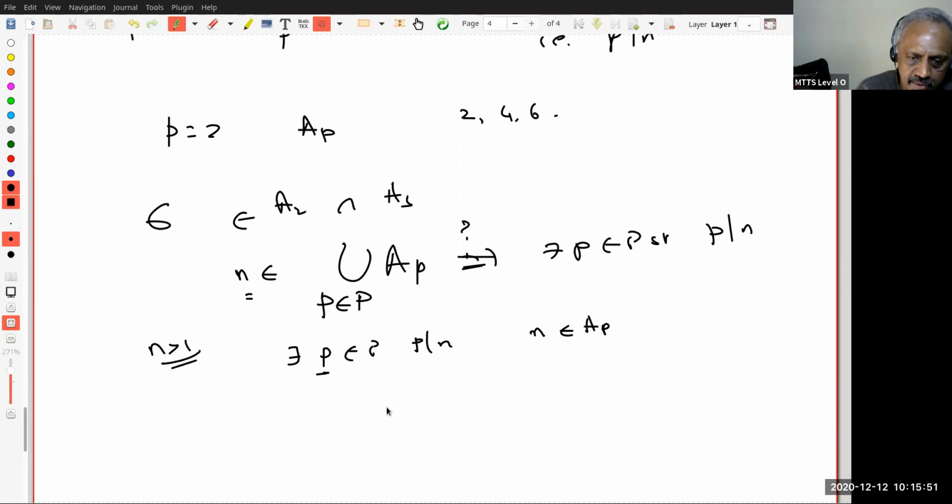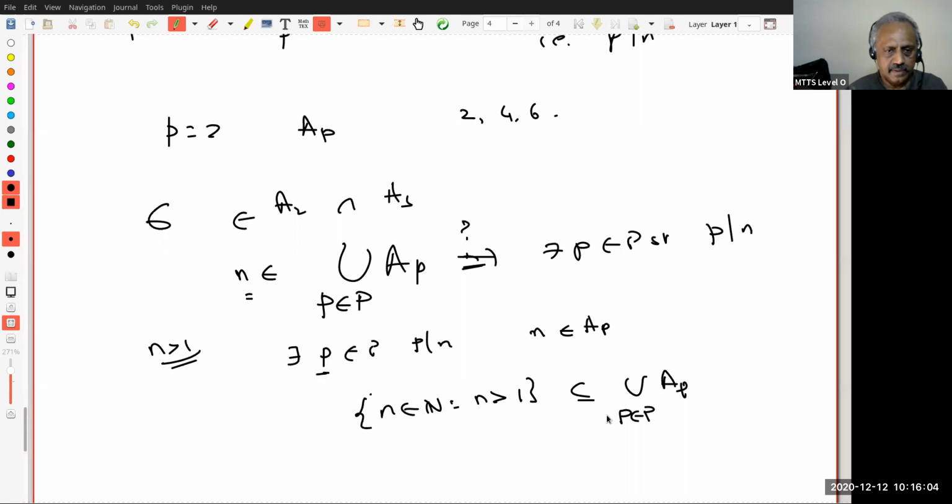Therefore, what do I know? All natural numbers N, so that N is greater than 1, are contained in the union of AP, P in the set of primes. Are you following? Given any natural number greater than 1, I'm using some fact which you already know. This is the important thing.